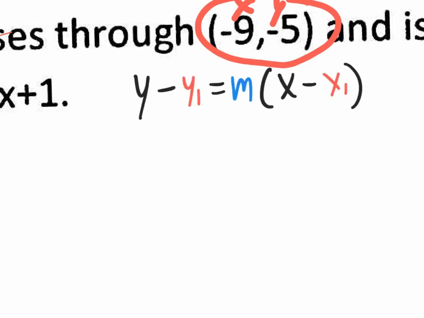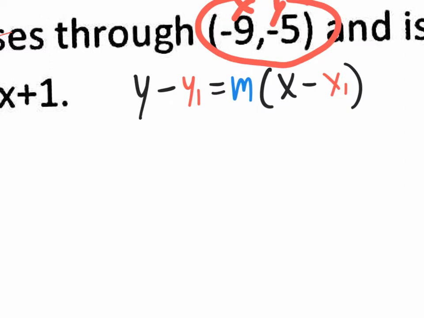And again, it's kind of like y equals mx plus b, but there's no b. It's really y minus y1 equals m, parenthesis x minus x1. And the x1, y1 come from the point. So the -9 goes over here, the -5 goes over here. And of course they will change to plus 5 and plus 9 because the minus will change to plus plus.